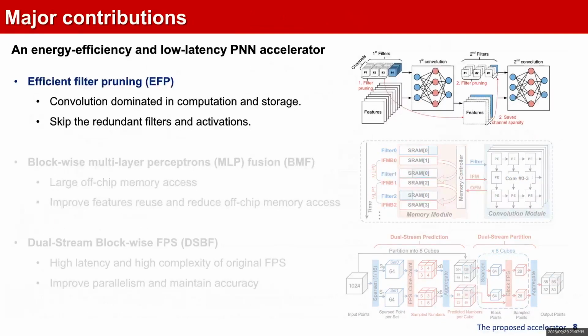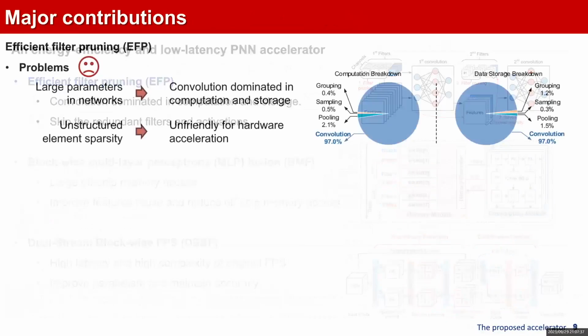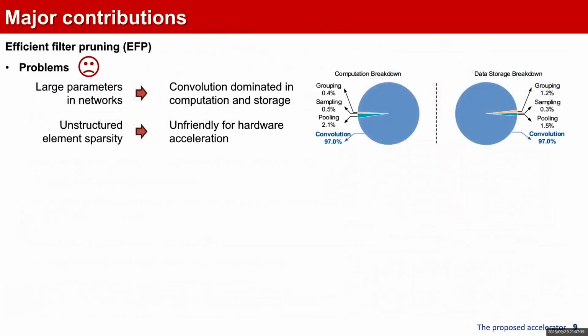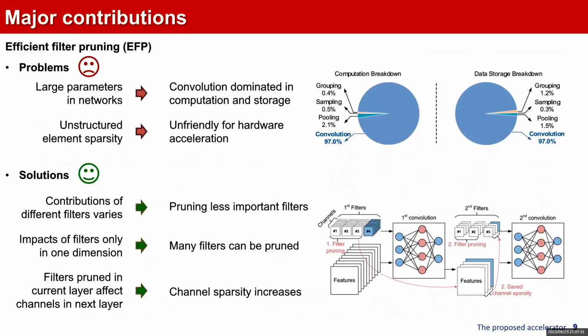Let's focus on the efficient filter pruning first. In PNNs, the convolution operations still dominate the computation and data storage, which brings high energy consumption and high latency. Second, unstructured element sparsity of quantized PNNs is not friendly for hardware acceleration. To solve this, we discovered 3 characteristics in PNNs.